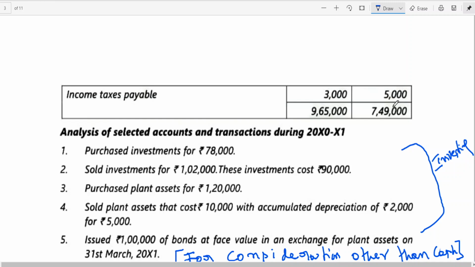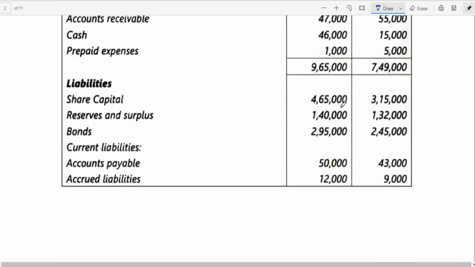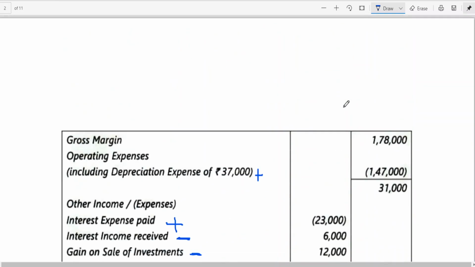To find the expense that is paid, as you learned in final accounts, you add the previous year's outstanding expense less the current year's outstanding expense, and then we get expenses paid. In simple words, we are converting the accrual basis into cash basis.